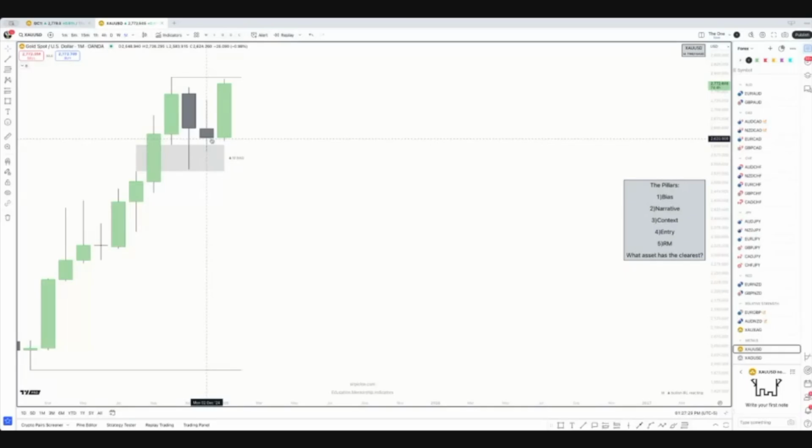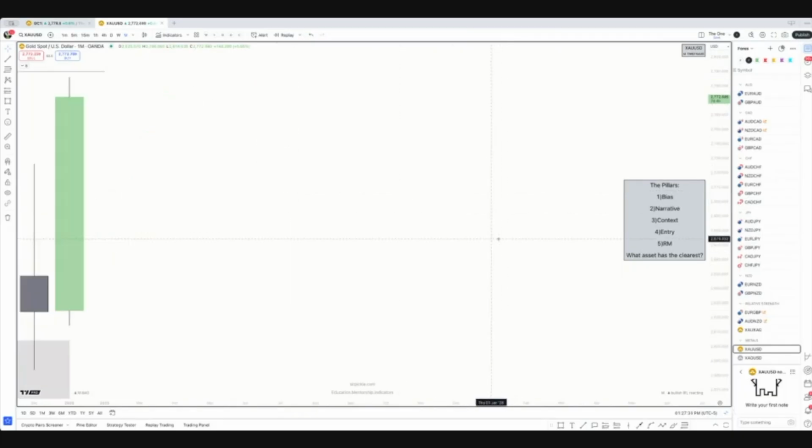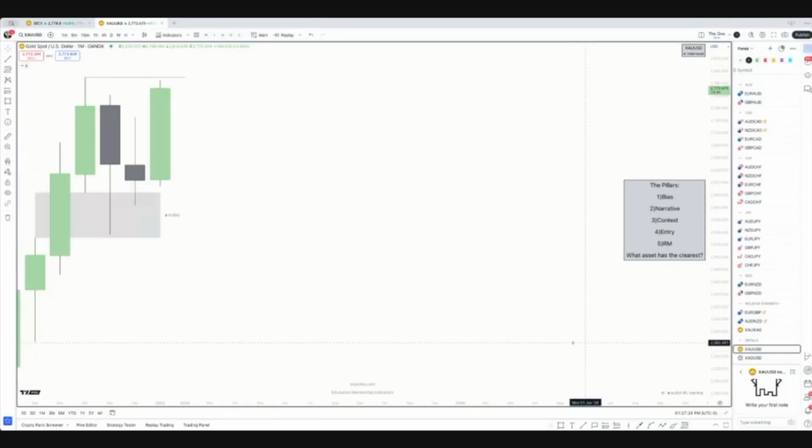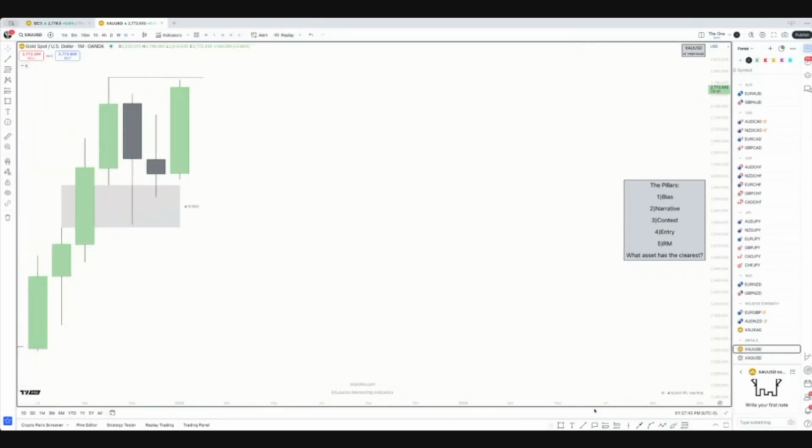A better example would be if we have a weekly, because from a weekly, we could already take direct entries off of the impulse shift or the 4-hour chain. So if we had a weekly fair value gap, we can look for either a 4-hour fair value gap, a 4-hour impulse shift, or we can look for a 1-hour FVG chain.